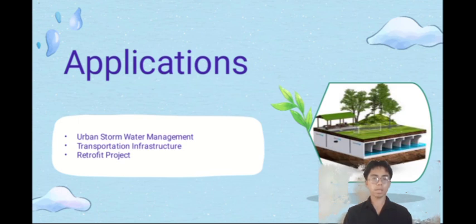The second one is transportation infrastructure. Detention basins are commonly installed alongside highways and parking lots to manage runoff from large impervious surfaces. The third one is retrofit projects. Urban areas often integrate detention systems to upgrade stormwater management infrastructure.